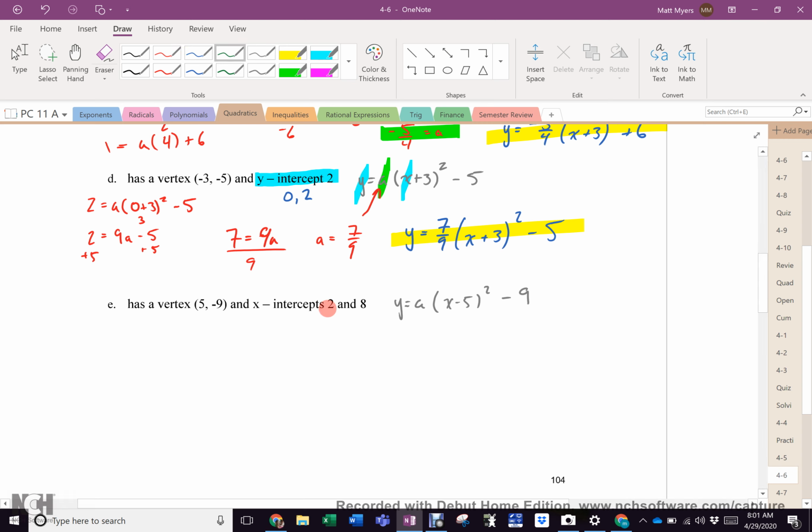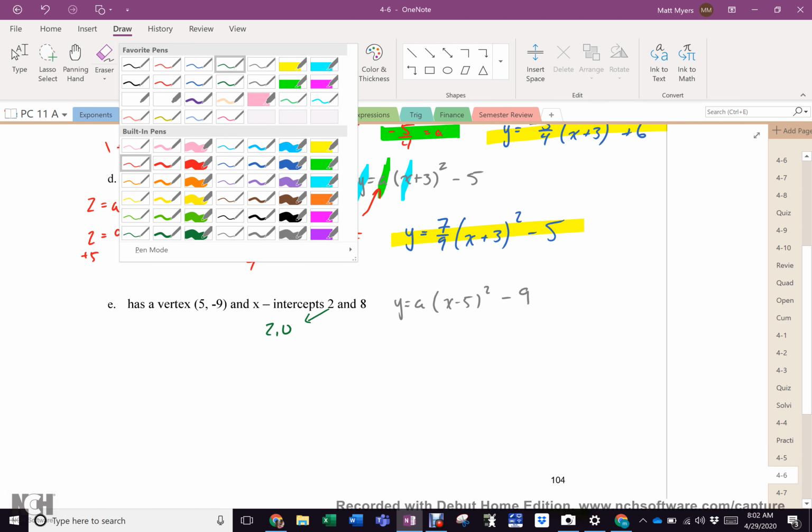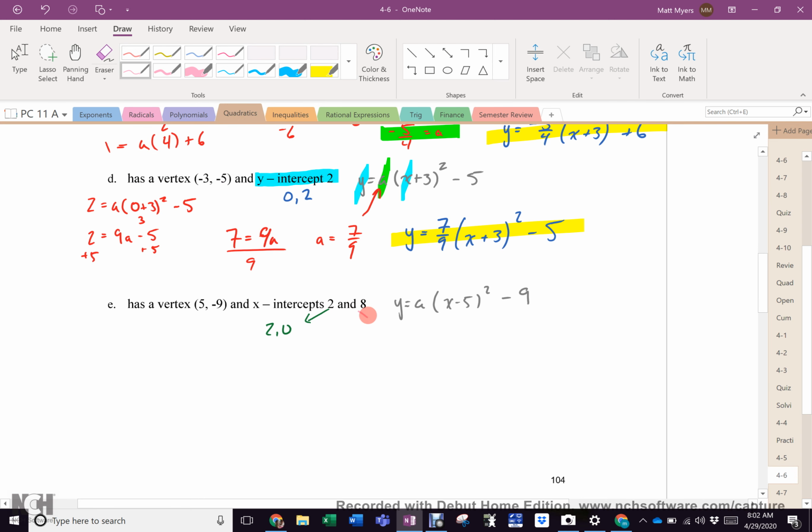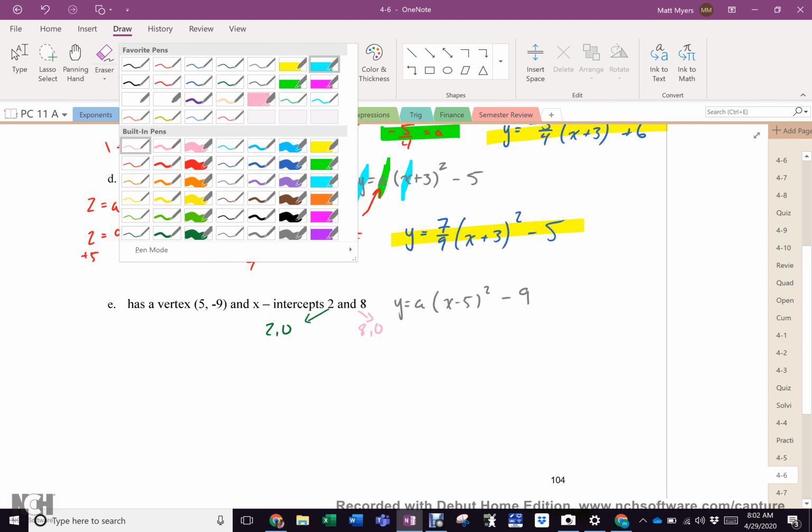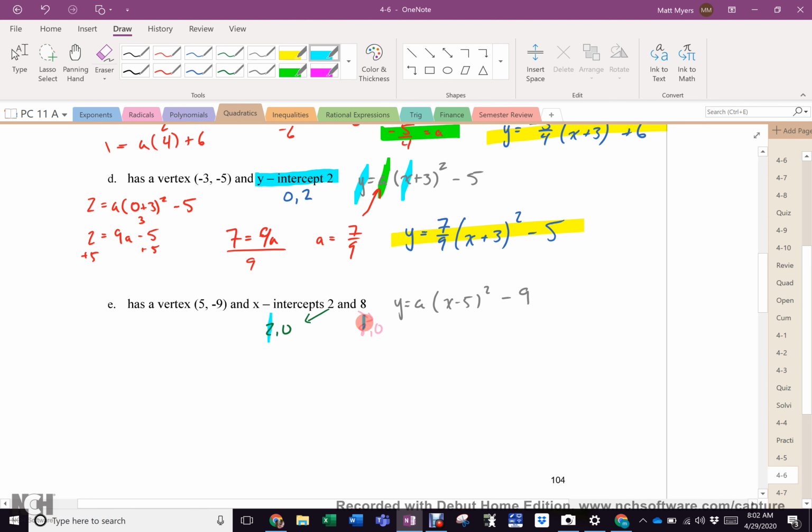I have 2 points here. That guy, x-intercept is 2, 2, 0. That guy, x-intercept is 8, 8, 0. Now I have 2 points. Remember, they have an x and they have a y. Put them in the equation. It doesn't matter which one you use. I'm going to use 8, 0.